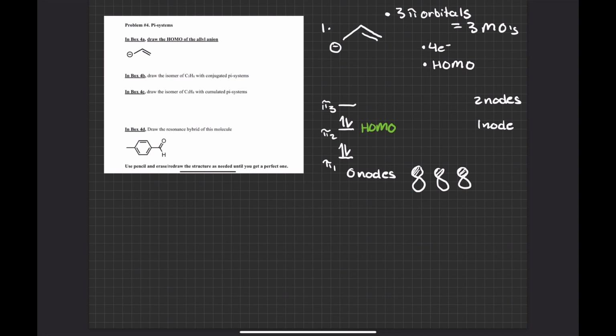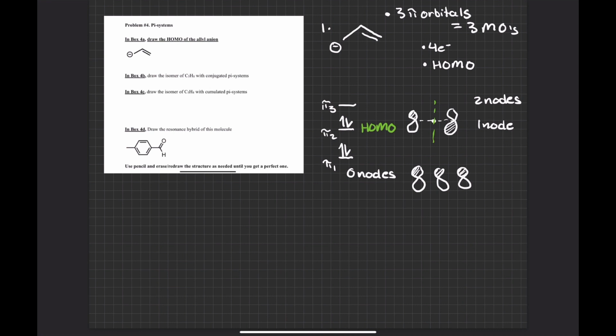Now let's draw the visual representation for the HOMO MO. So the HOMO MO has carbon 1, however, carbon 2 is not present, and carbon 3. So to illustrate the 1 node that we said was present with the second MO, these 2 orbitals need to be in opposite phases. So the top can be shaded in, and this one would not be, and the bottom would be shaded in.